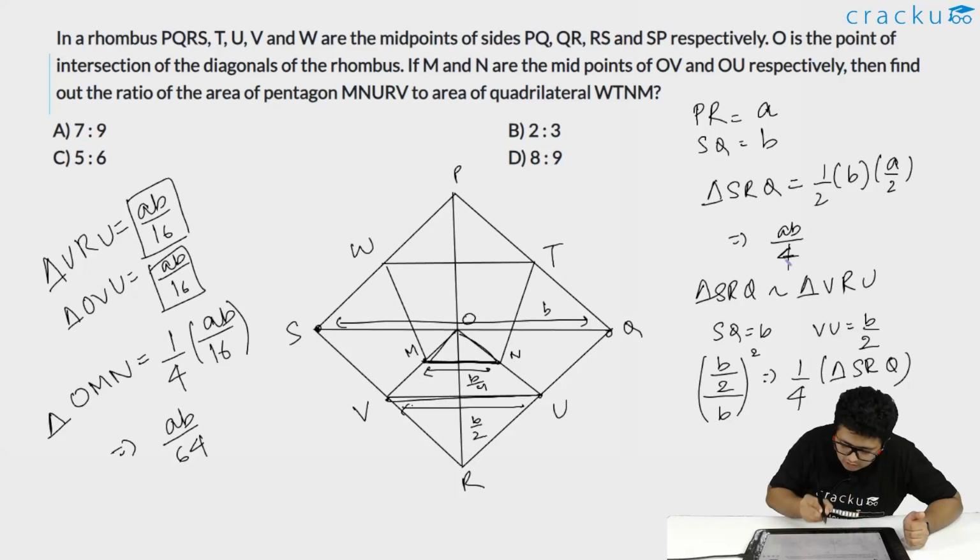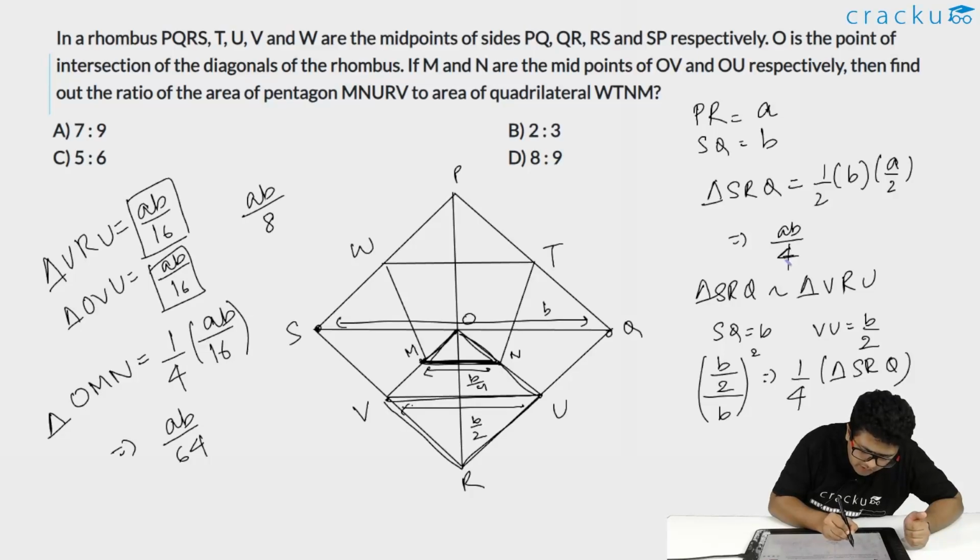And now by looking at the area of the pentagon MNURV, it will be equal to the quadrilateral OURV minus the triangle OMN. So we know the area of UVR is AB by 16, and OVU is AB by 16. So total area of OURV will be AB by 8, right?